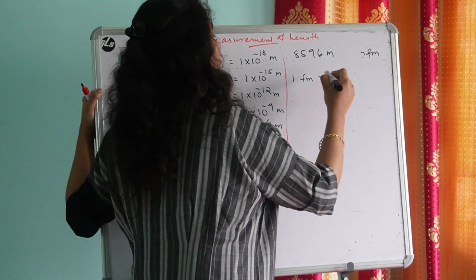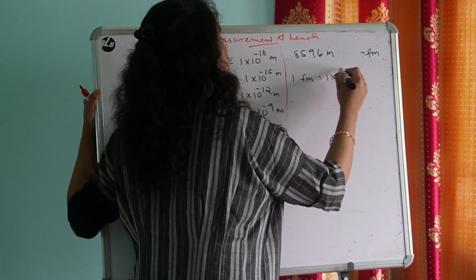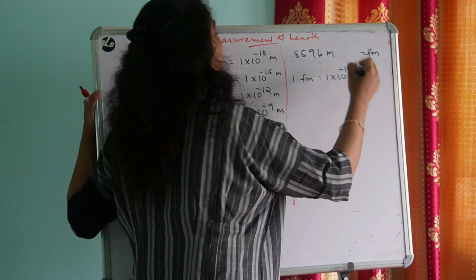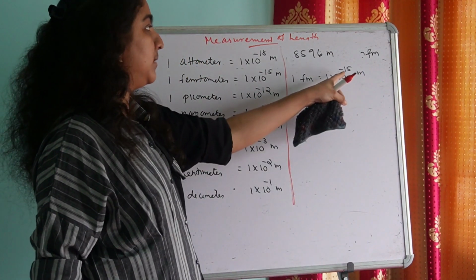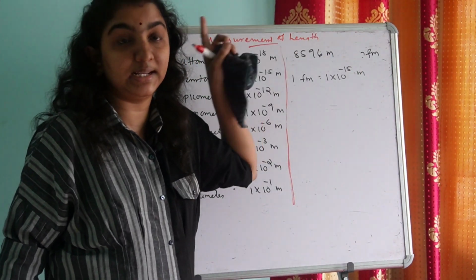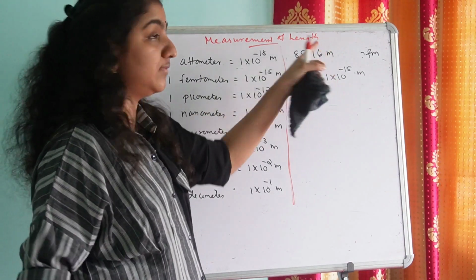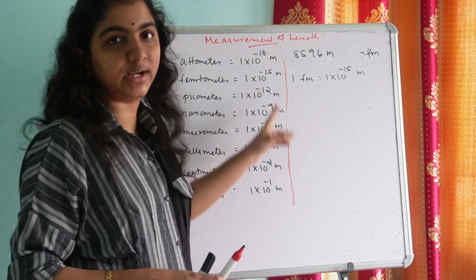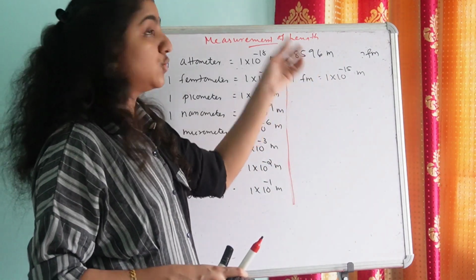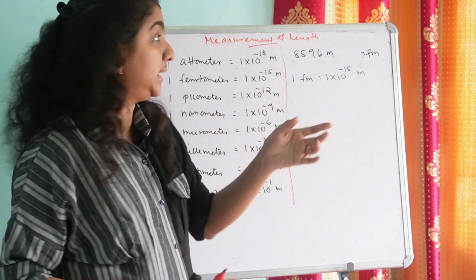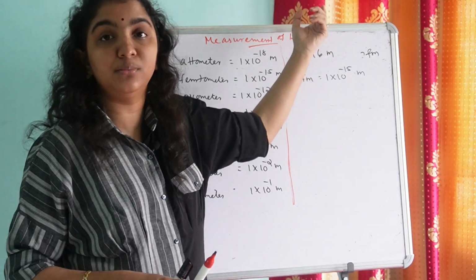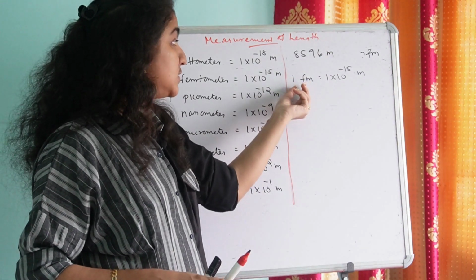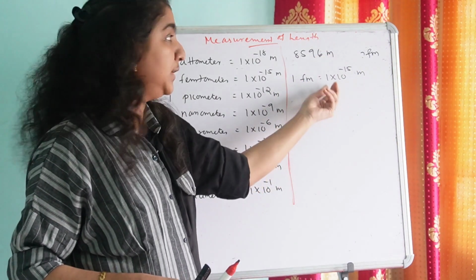So 1 femtometer is equal to 1 into 10 power minus 15 meter. Earlier, in the previous case, you were given a value in any of these units and asked to find it in meters, so we multiplied the given numerical value by what 1 femtometer or any unit is equal to.